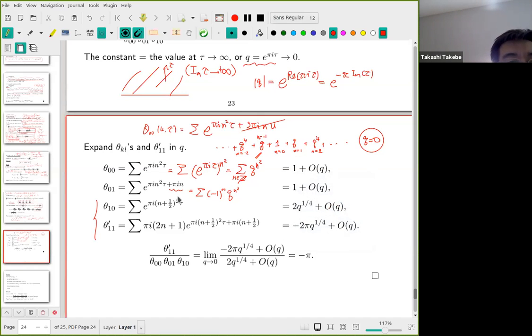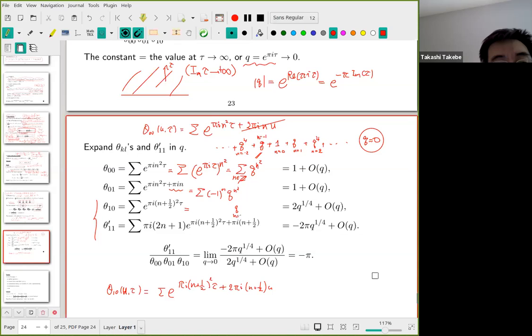So because we have such definition, the 0 value is this, and this means that when n is 0, it's q to the 1/4.